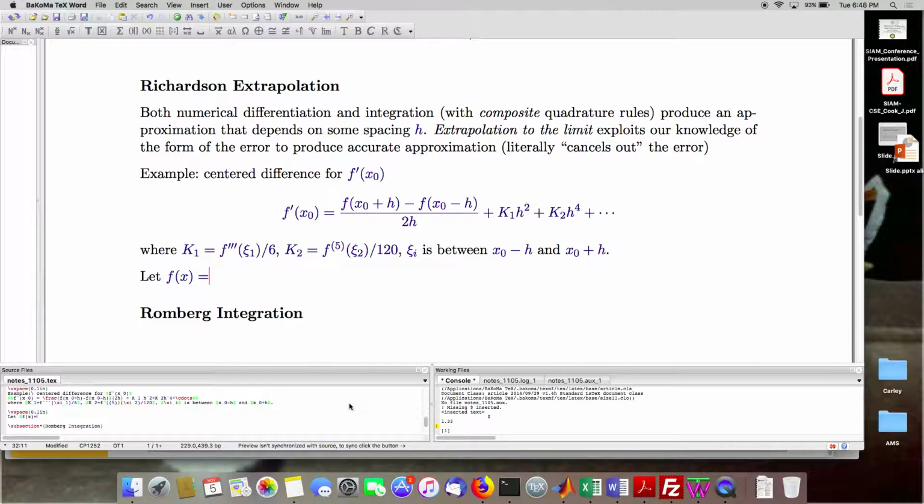This is a nasty one, one that you would not want to take a derivative of by hand, because it would be a nasty application of the quotient rule.